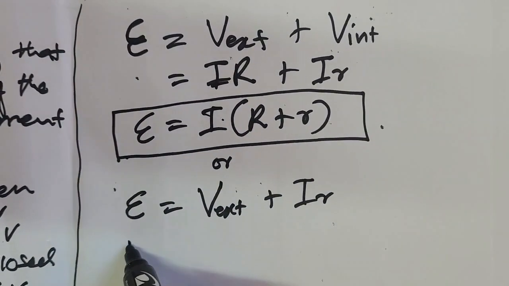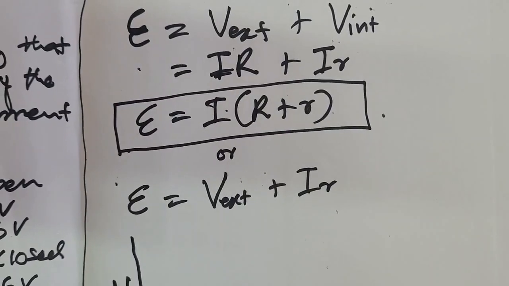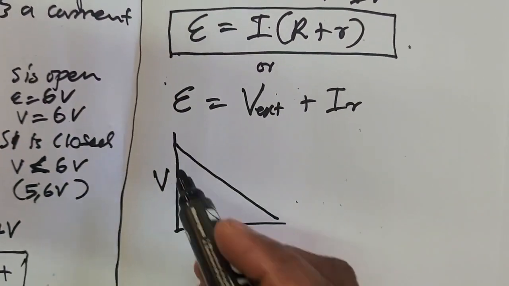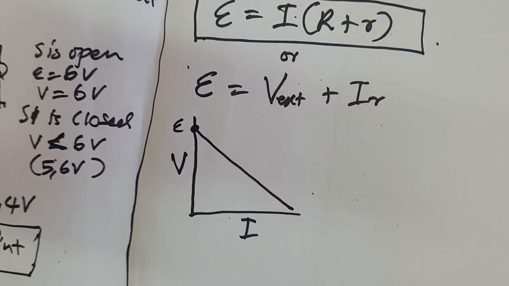The first graph is V against I, where the y-intercept represents the EMF.